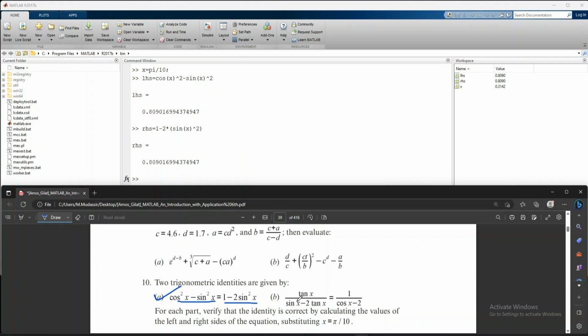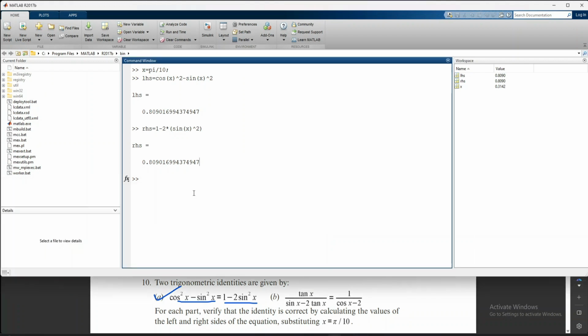Now we are moving to part B, and this is tangent. No need to again define the variable x is equal to pi by 10, because we defined it earlier. Now the left hand side is tangent of x divided by, bracket, sin x minus 2 tangent x.